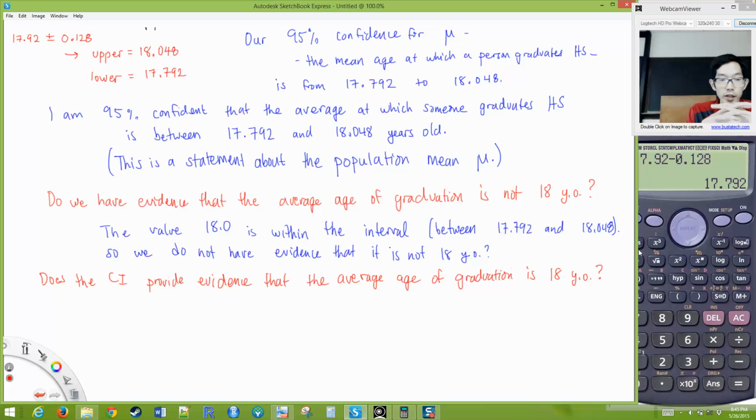What do we say there? Yes? No? Okay. So over here the answer is no. And over here the answer is also no. Okay? And so even though 18.0 is within the interval, okay?